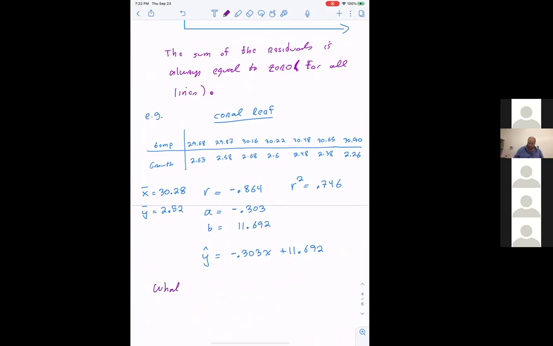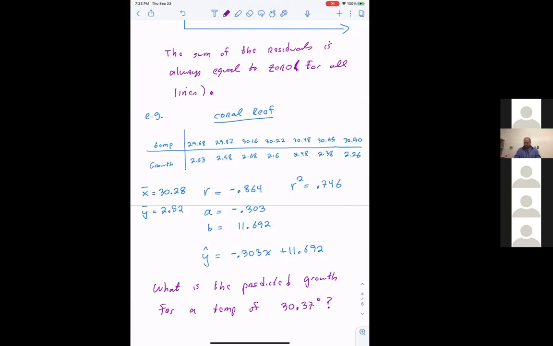What is the predicted growth for a temperature of, let's say, 30.37 degrees? What is the predicted growth for a temperature of 30.37 degrees?